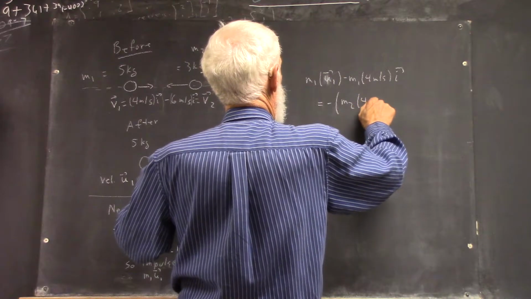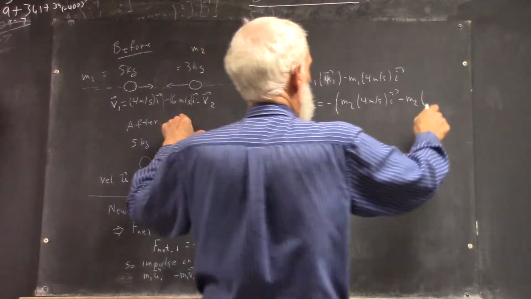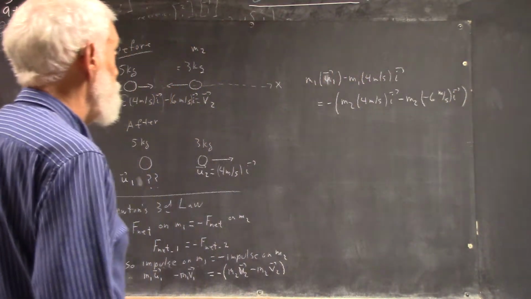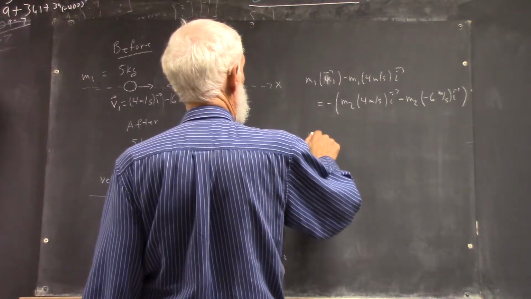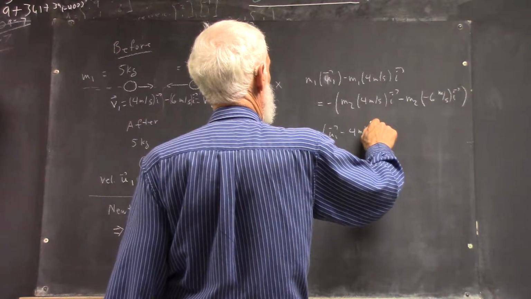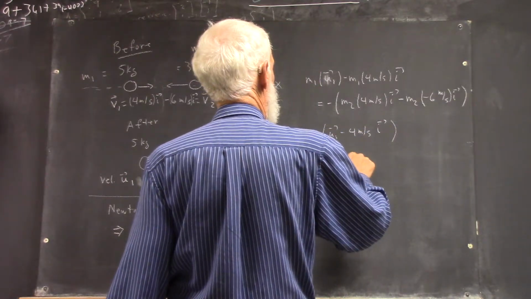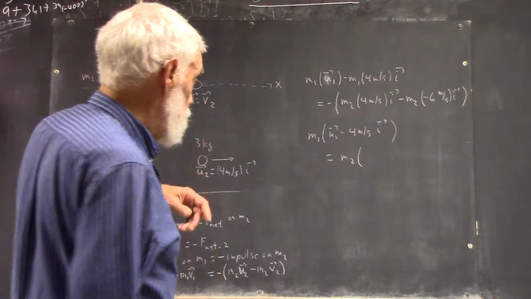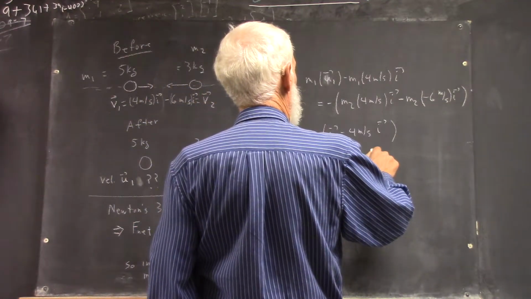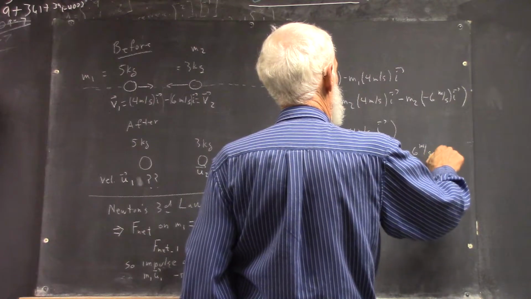That's times 4 meters per second I minus M2 times negative 6 meters per second times I. So that M1 times U1 minus 4 meters per second times I equals M2 times negative 4 meters per second times I plus 6 meters per second times I.